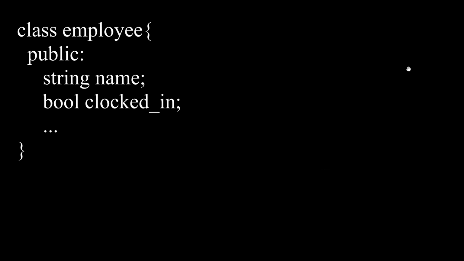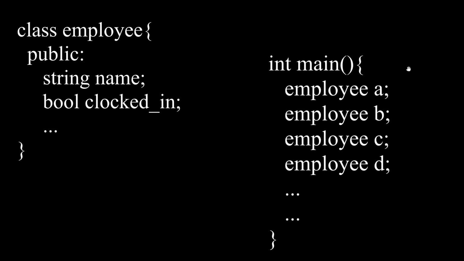Anyways, in your main function, you might say, okay, this business has 50 employees, so I'm going to create 50 different objects of that employee class. And then you run the program, and whenever somebody clocks in, it basically sets a boolean in the class saying they're clocked in.